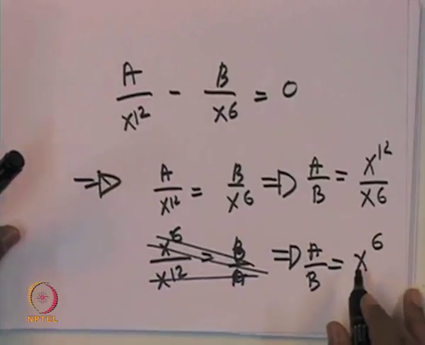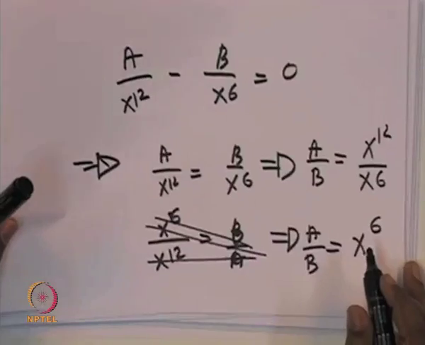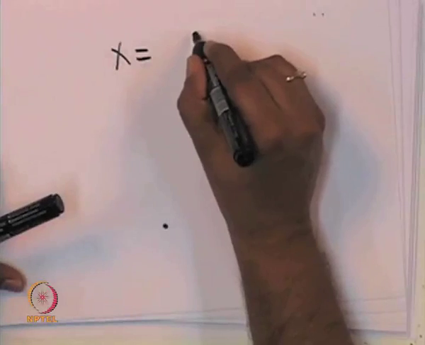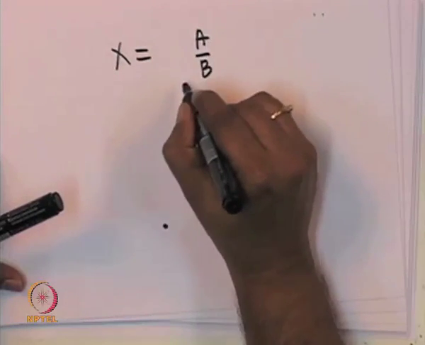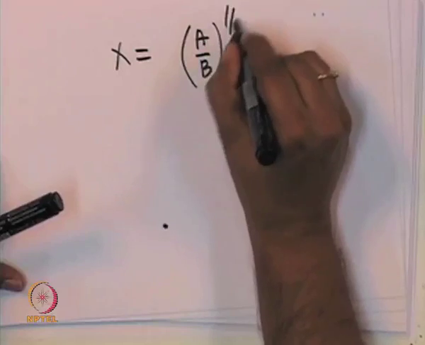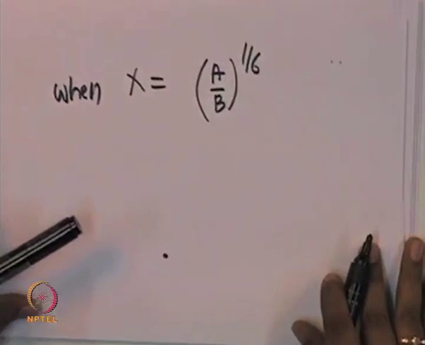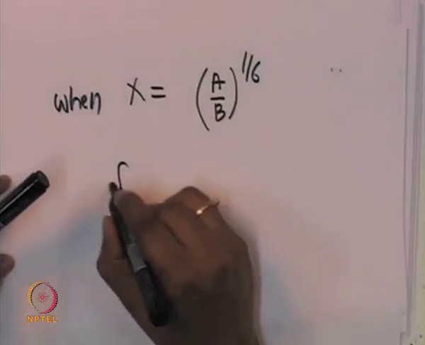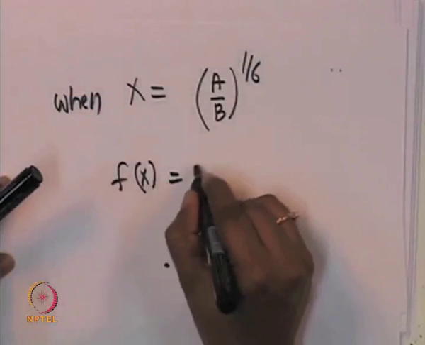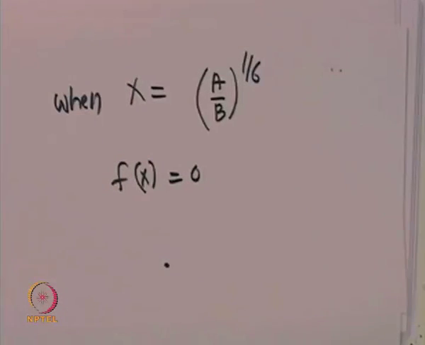So this essentially leads to the value: when x is equal to a by b whole power 1 by 6, f of x is 0. This is the value where f of x equals 0.